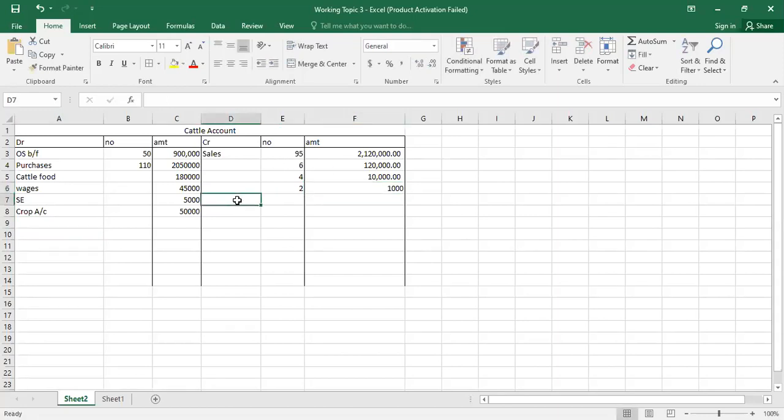So from there now, that is all. What is remaining now is a closing stock figure, isn't it? Because you need to account for the livestock that will be there for the next year of trading. So we've been told that our closing stock, we had left it up there, it's 60, and they are being valued at 1,100,000.